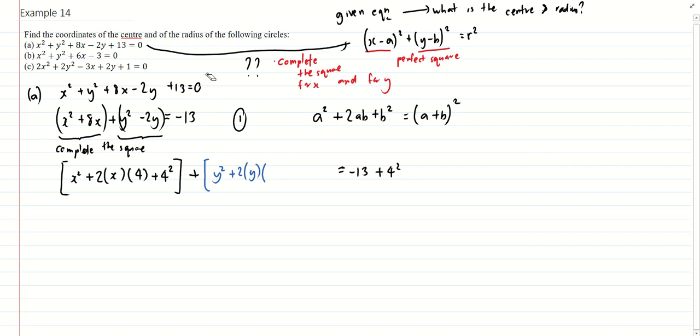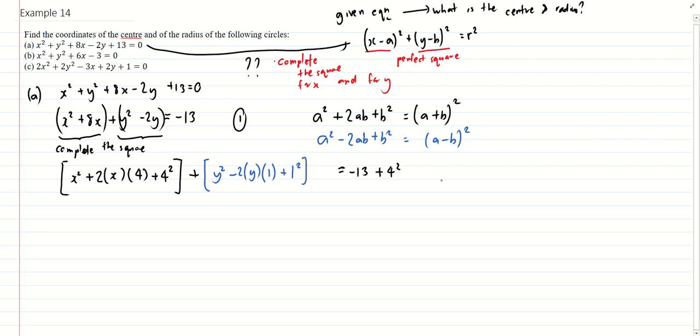I'll be using this particular formula also: a square minus 2ab plus b square equals (a minus b) square. So over here, I will change this into minus. So 2 times 1 will get 2. So I'll have b equals 1 over here, then plus 1 square.